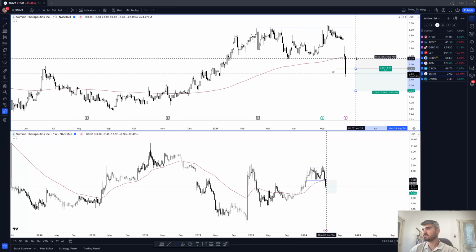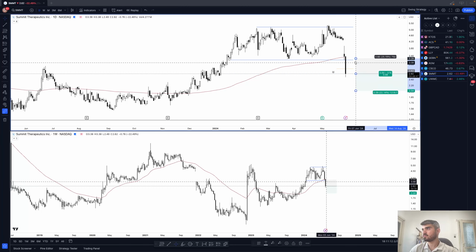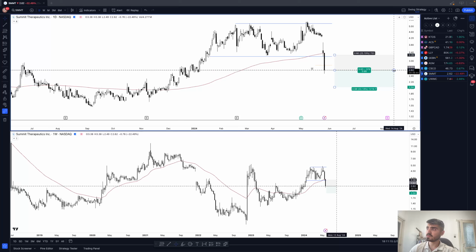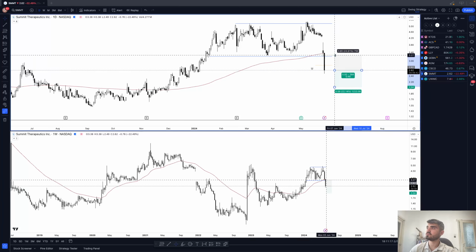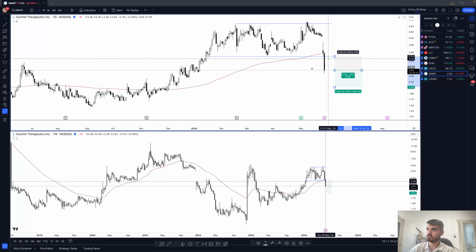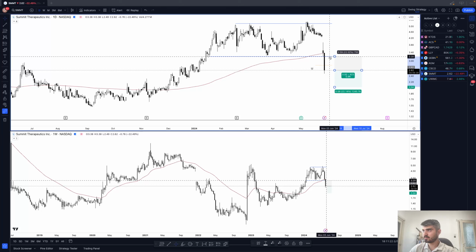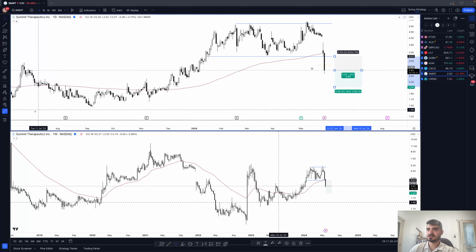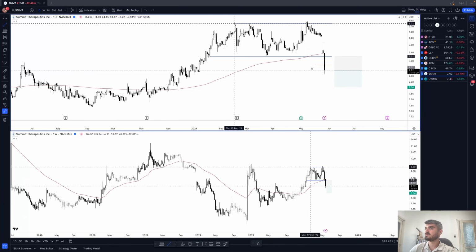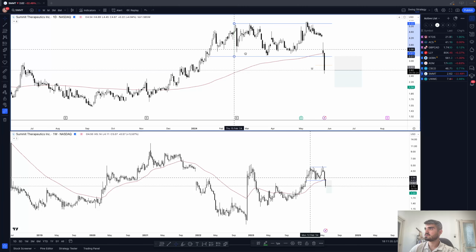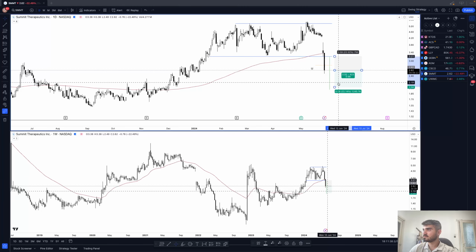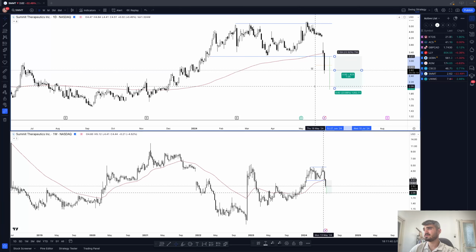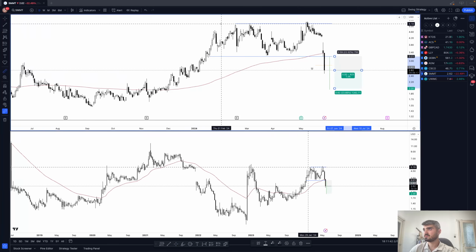If I take the position at this point, stop loss will probably be at the pattern boundary. Okay, I do not expect price to come all the way back up to the pattern boundary. It would not be a good sign, in simple words. And actually the risk reward is not sufficient.